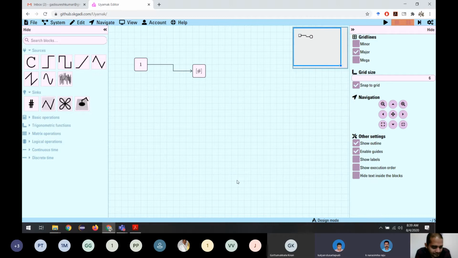For state estimation, I think you already provided us the Kalman filter also. Can we do it even on nonlinear systems, like the extended Kalman filter? Can we implement it and test it? Yes, sir.